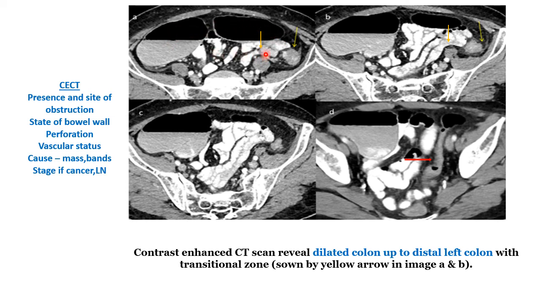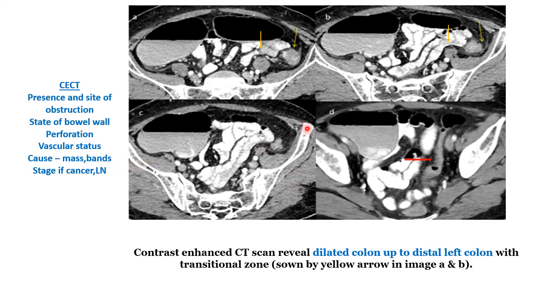The CT scan can detect the presence and the site of obstruction. Here it is in the sigmoid colon. So it can detect the site and location of the obstruction. It can also show distended bowel.